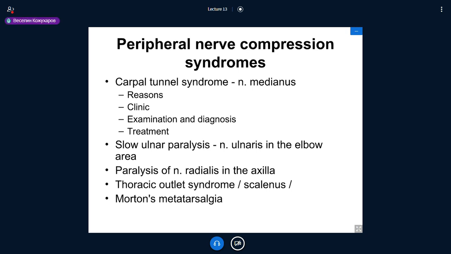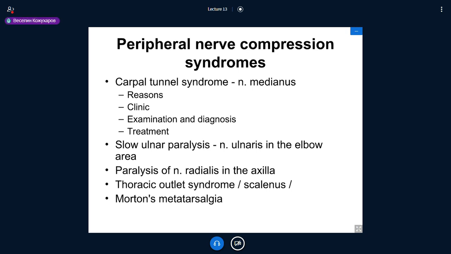The most common peripheral nerve compression syndrome is carpal tunnel syndrome. This condition involves the median nerve at the region of the wrist. The reason for carpal tunnel syndrome could be different.